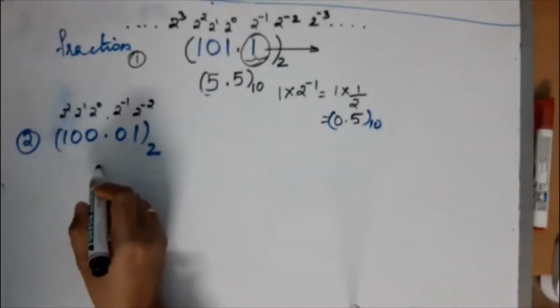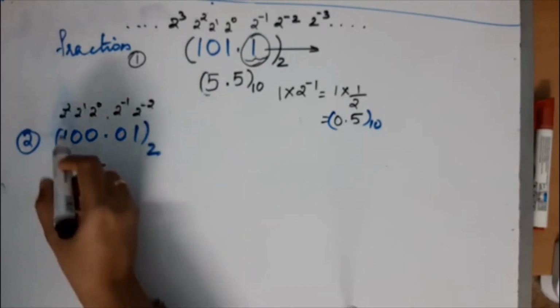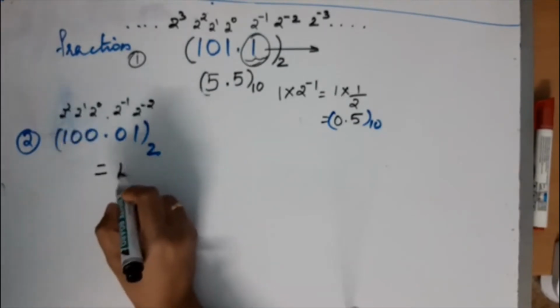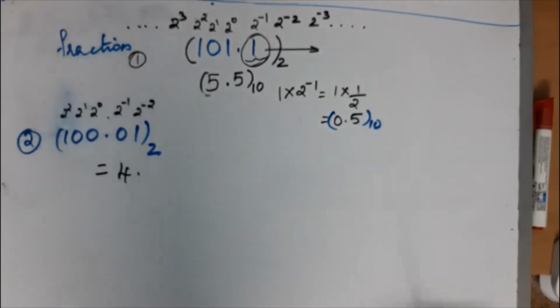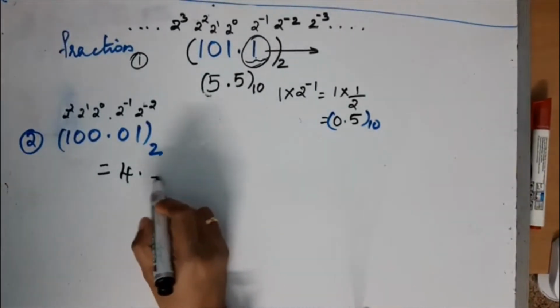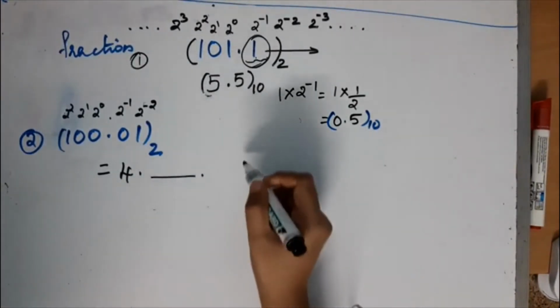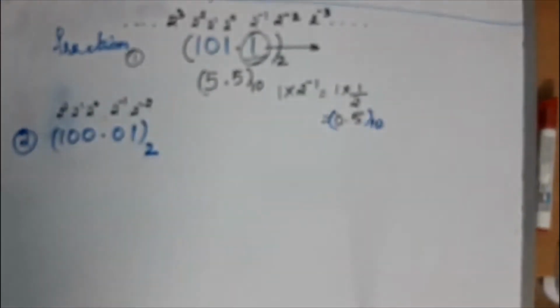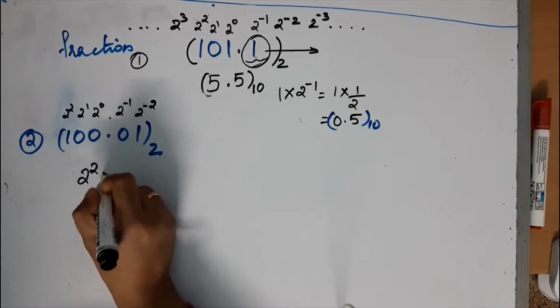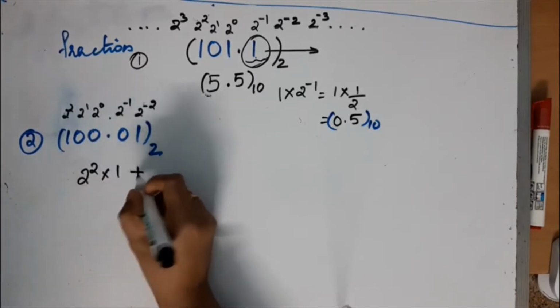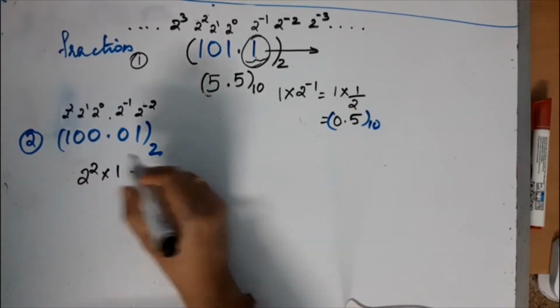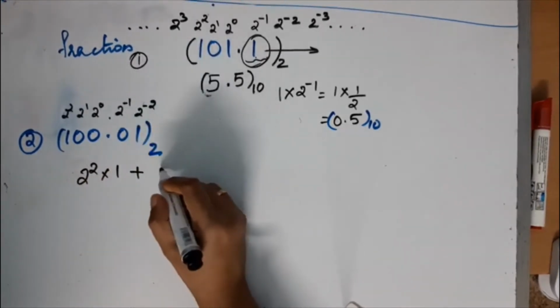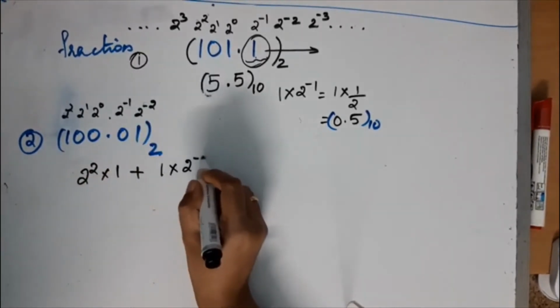So the answer will be 2 raised to 2, that is 4 point something. How will you find that? That is 2 raised to 2 into 1 plus, these are all zeros, 1 into 2 raised to minus 2.